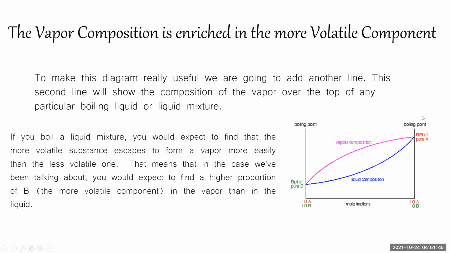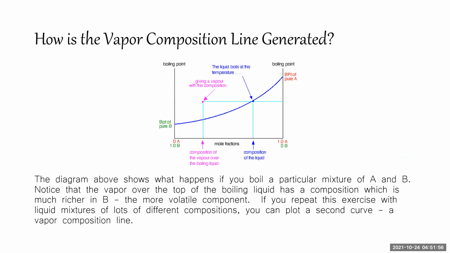And so that is why we end up with these two lines, because vapor composition is not going to be equal to liquid composition at any given temperature. Okay, so what this diagram is showing us is that we're going to be heating up a mixture.